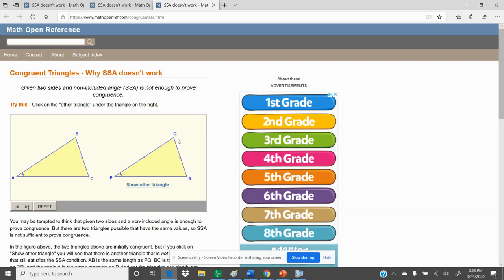But you don't know this side QR, that could swing this way as well because you don't know what angle R is. Right now, angle R is an acute angle, but if I swing side QR over, it would make R an obtuse angle. Since R is not one of the angles that we know, you really don't know whether you have that triangle or this triangle. You have no idea which triangle you have. You could have either one.